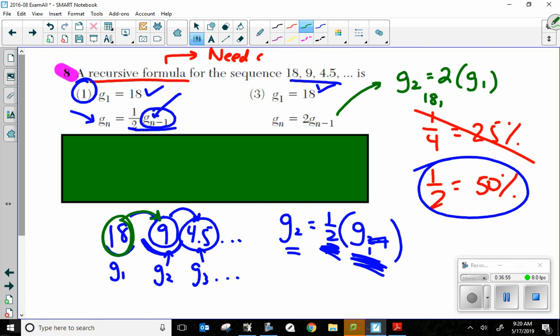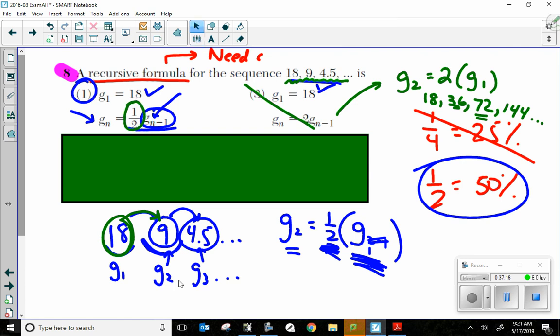If I started with 18, I'm going to double it to 36. The next one, I double 36 to go to 72. The next one, I double 72 to get to 144 and so forth. So this is definitely not the answer. Okay, I'm hoping that if you saw this, you realize they are just shrinking by half. I'm hoping you knew that 1/2 was a ratio. Right? And there you go.